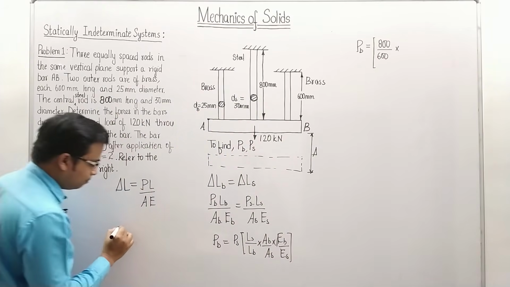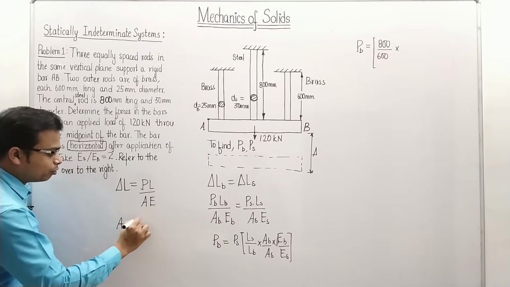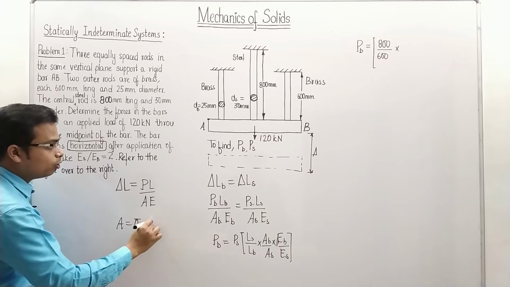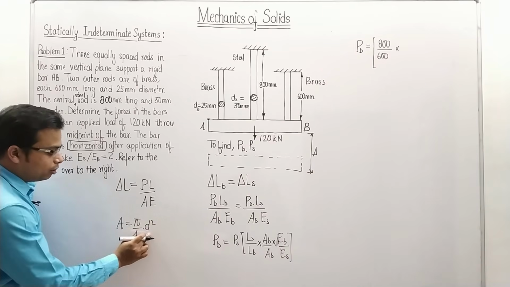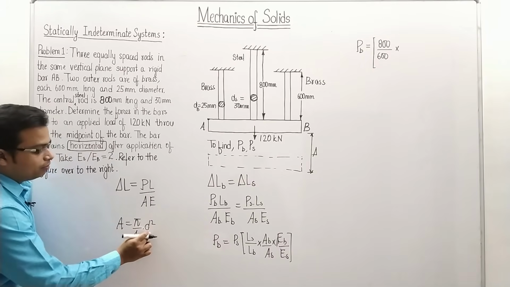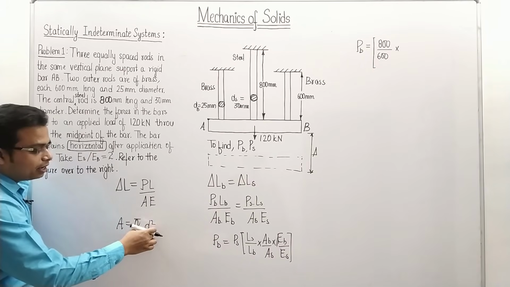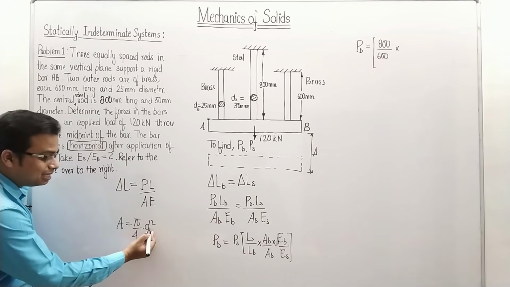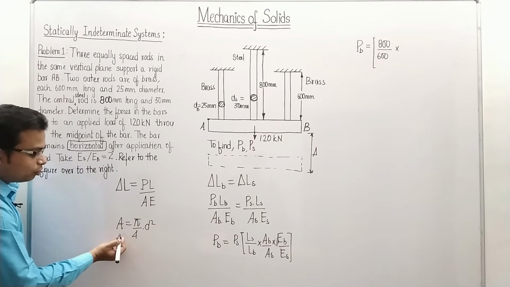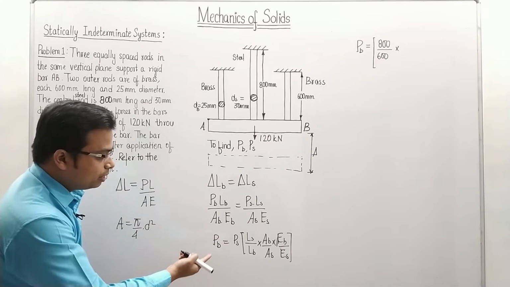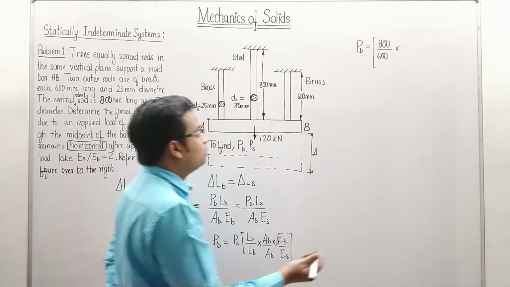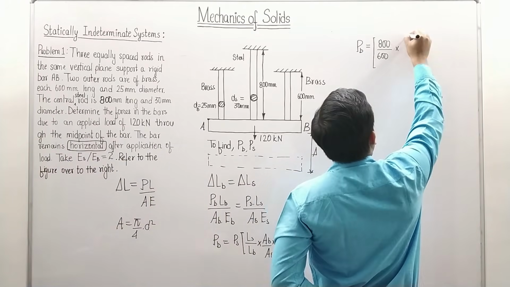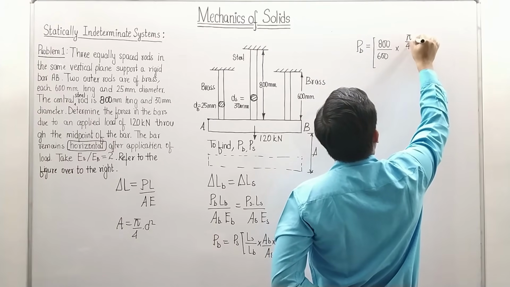Area is basically given by pi by 4 d square. It is the cross sectional area that we are talking about. If you want to find the cross section area for brass, put the value of diameter for brass over here, and similarly when you put the value of steel's diameter, you get the cross section for steel. So AB over AS is going to be something like this, pi by 4 d square.